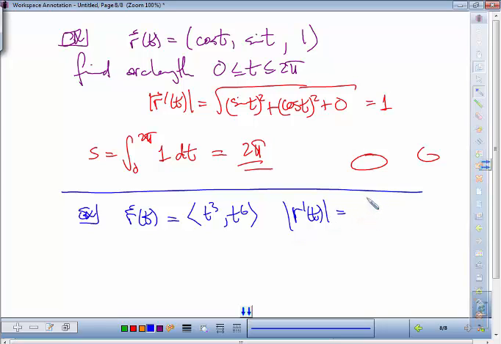Some 1 over 3t. No, that was the... Oh, we should have done that one. Yeah.